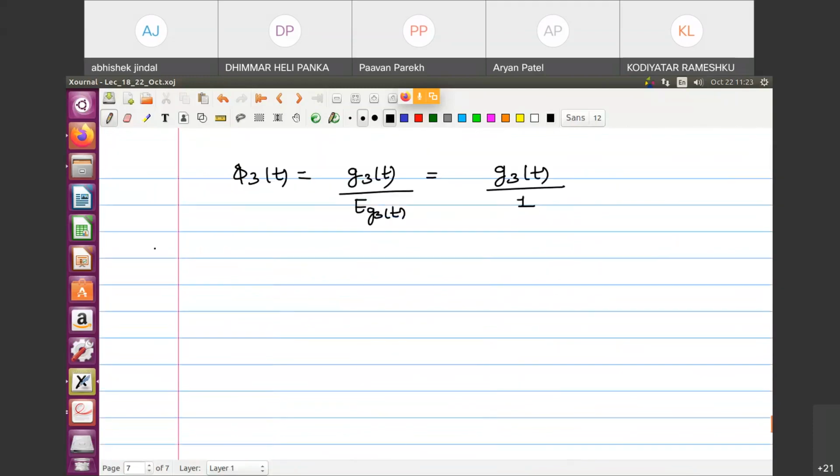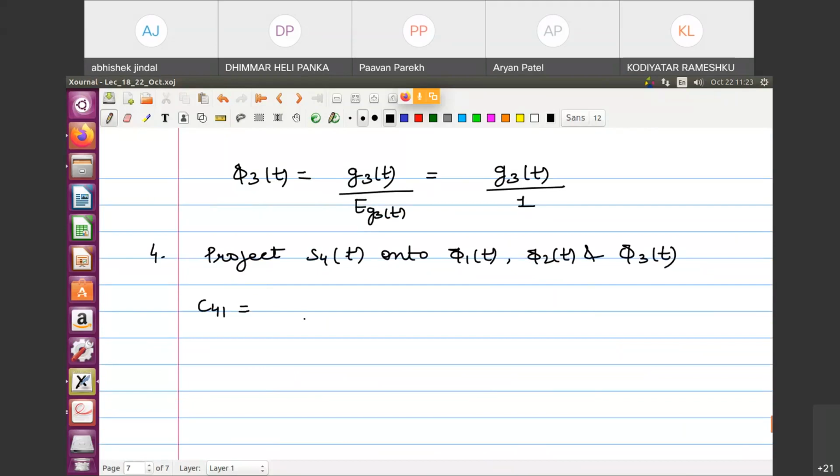Now the fourth step is project S4(t) onto phi 1(t), phi 2(t), and phi 3(t). Okay, so let us check what is C41. So C41 is root 2, C42 is 0, C43 is 1.